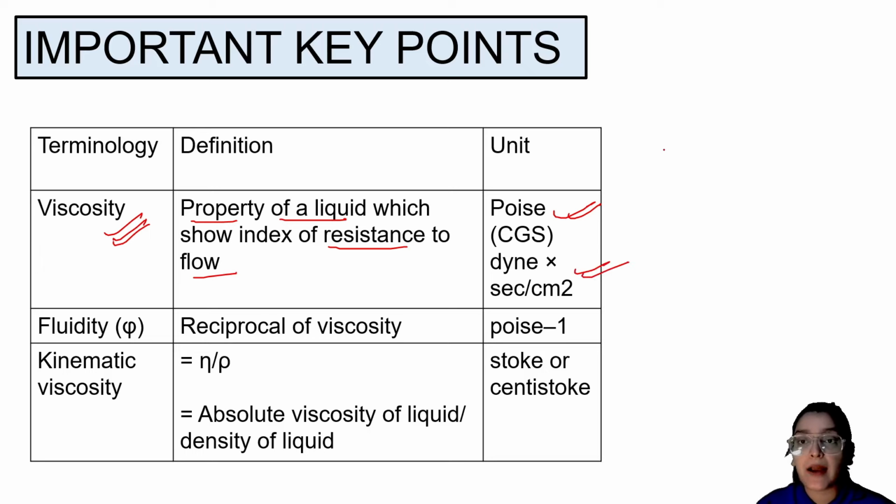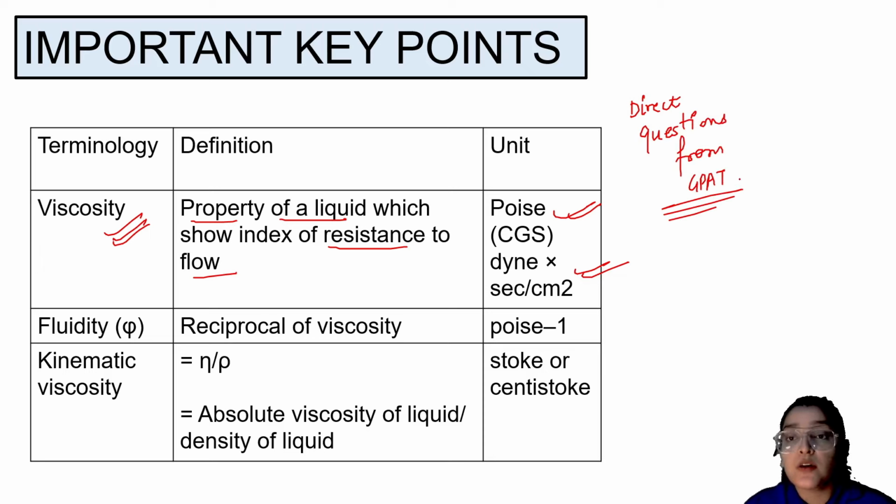From this topic, I can bet you that direct questions will be asked. Okay. Now, direct questions will be asked from this point where the viscosity, which is the property of liquid which offers resistance to the flow, has the unit poise or dyne second per centimeter square.